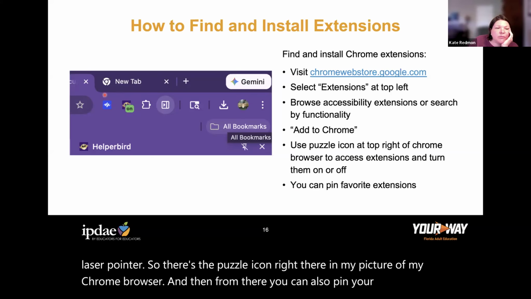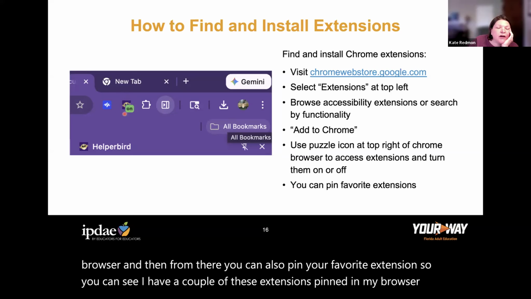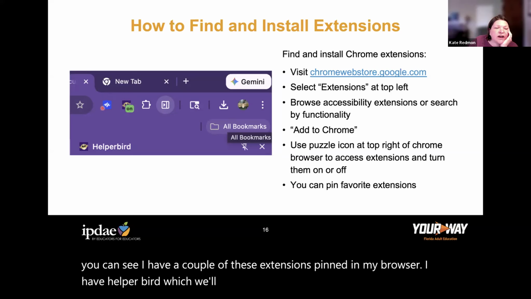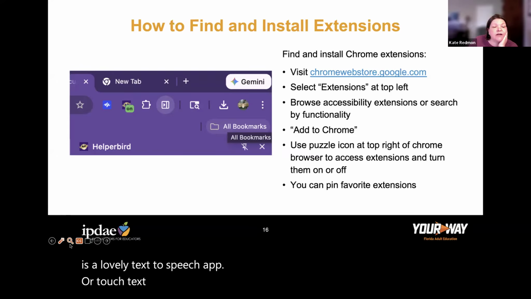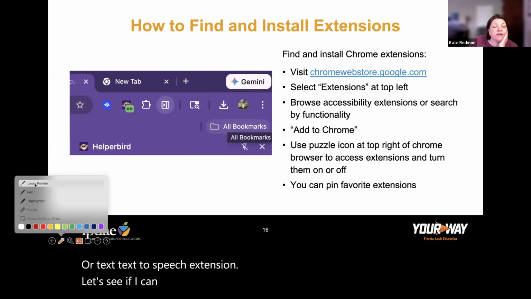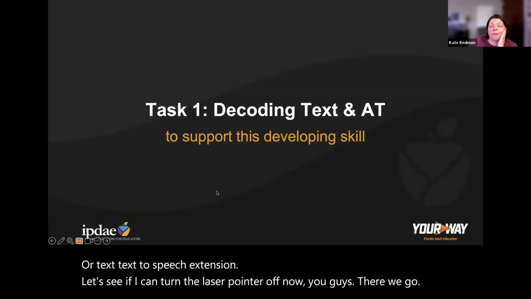So you can see I have a couple of these extensions pinned in my browser. I have Helper Bird, which we'll look at today, and Speechify, which is a lovely text-to-speech extension. Let's see if I can turn the laser pointer off now, you guys. There we go. All right.